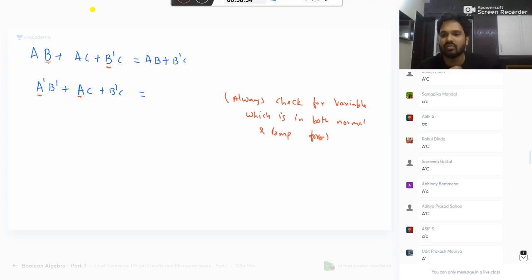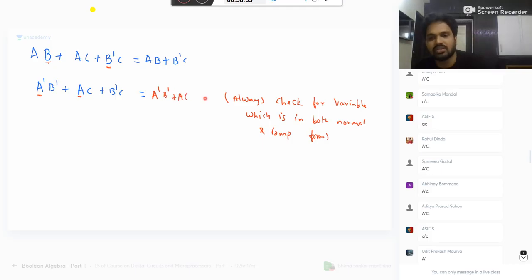This happens to only one variable. Please see here: A bar, A. Whatever remaining you have, you can neglect. What is the answer? A bar B bar plus AC.